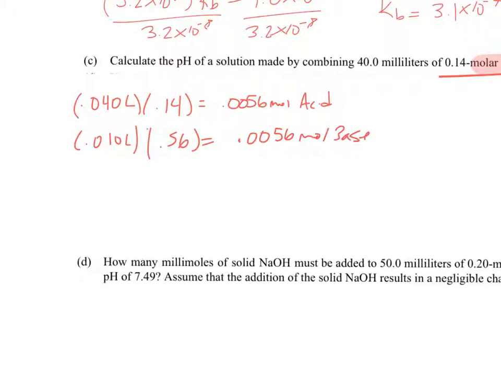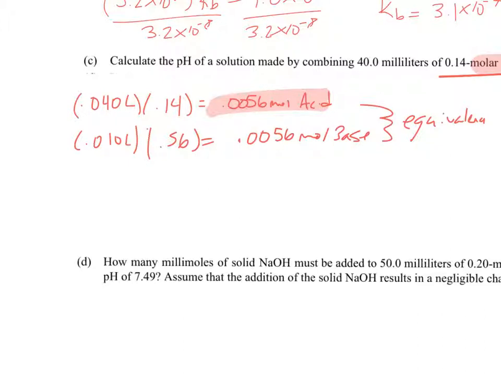Since we have equal moles of acid and base, we are at equivalence. And since they've neutralized, we talked about in class, at the equivalence point, the moles of acid that get neutralized are equal to the moles of the conjugate base that get produced.